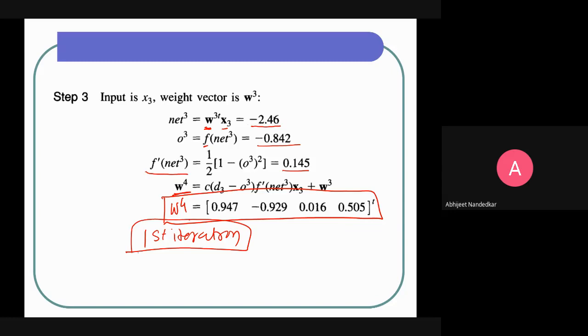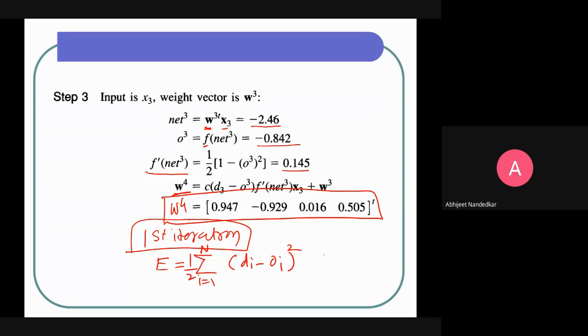Now what you can do is you compute error here at this point. For the training samples, you can do a sum of i equal to 1 to, say, capital N, total number of samples, di minus oi. You can take square of this. You can just say half.